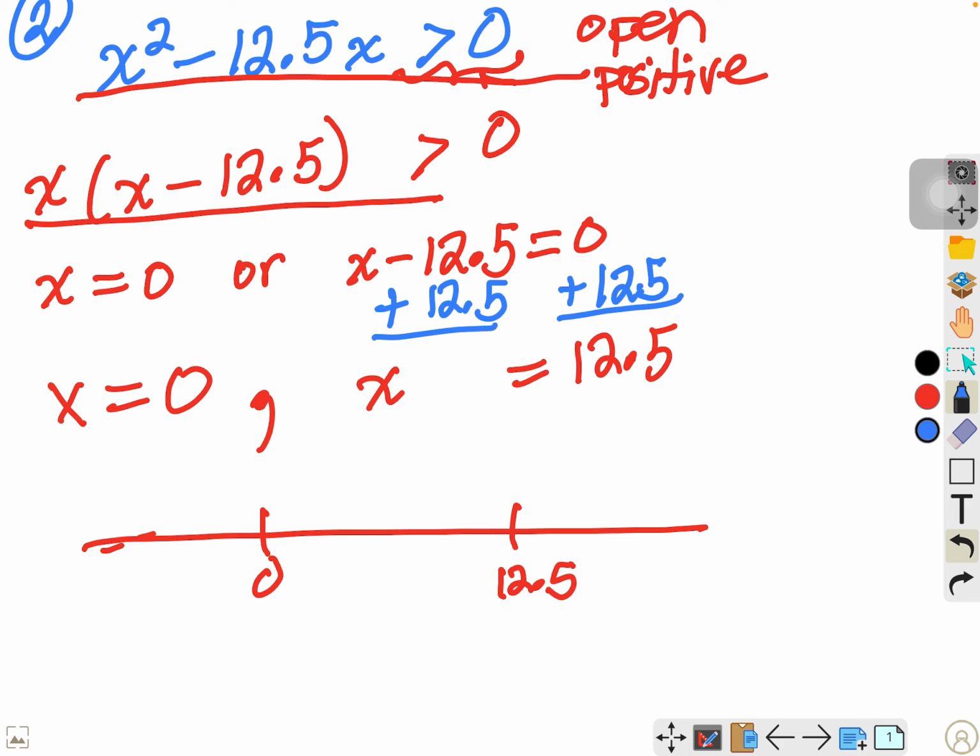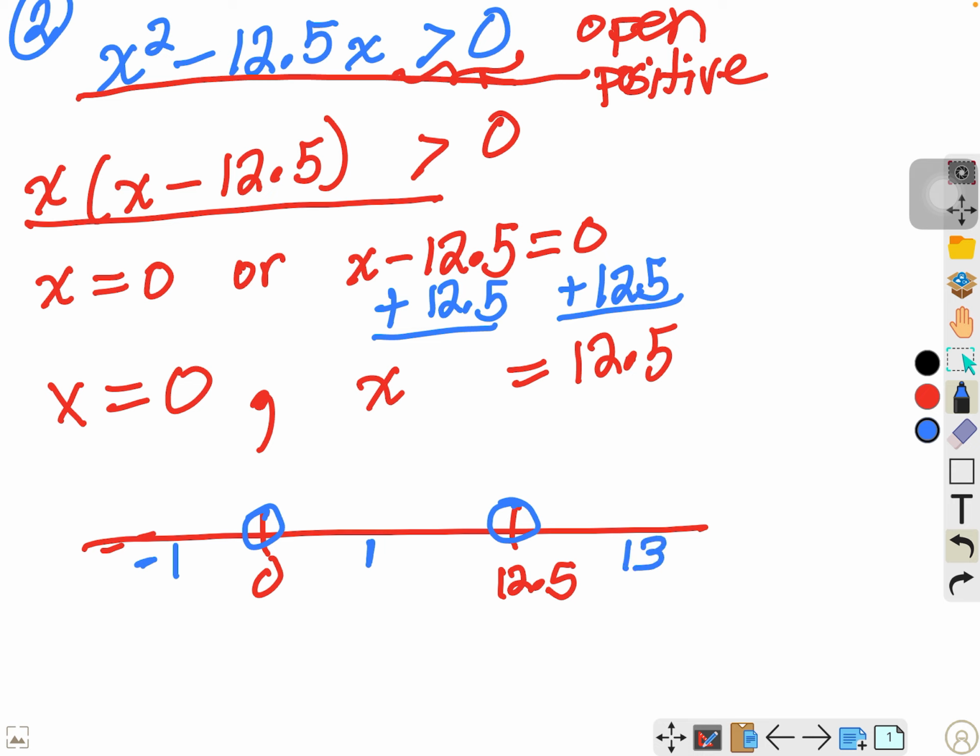We need to test numbers other than our critical values. So I'm going to test 1. That's an easy number to test. I'll test -1 and 13.